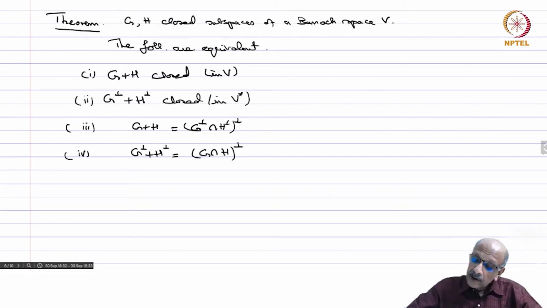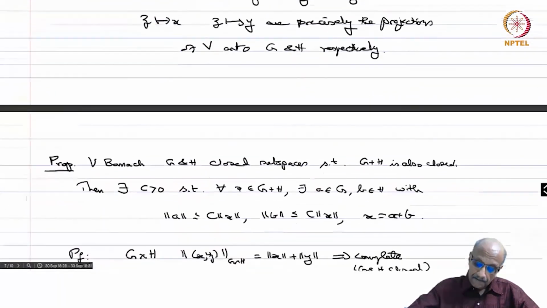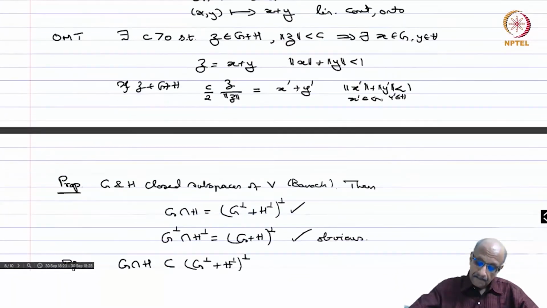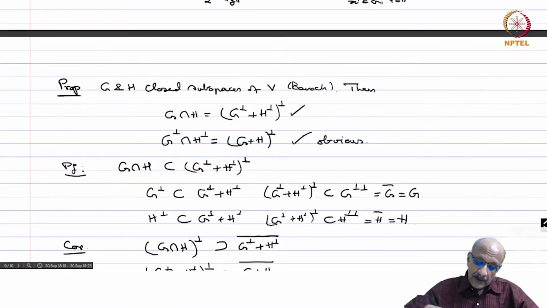Now we already know that G perp intersection H perp is G plus H perp.